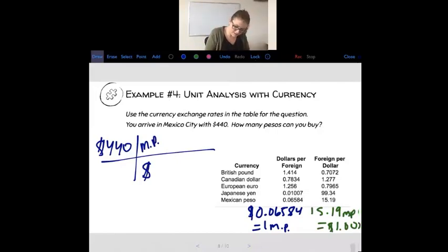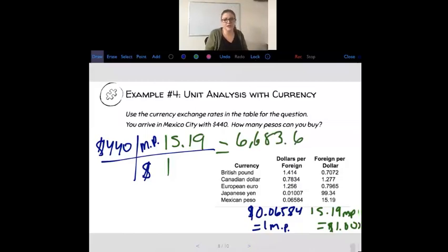So the first way to do this is you could take 15.19, I don't know why I keep forgetting the decimal, is equal to $1, and you would just multiply straight across to get 440 times 15.19, which would be 6,683.6. So if you had $440, you could buy 6,683.6 Mexican pesos.